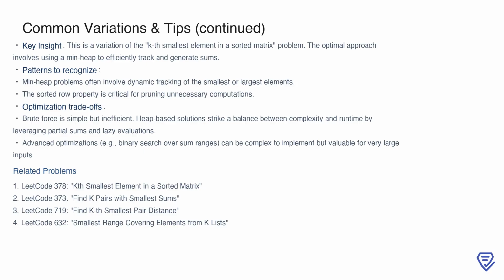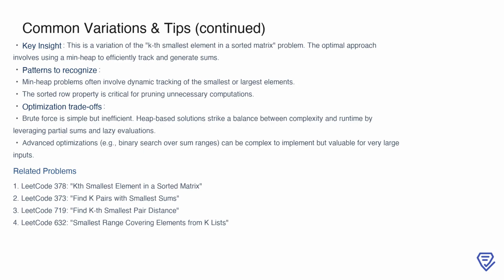When considering optimization trade-offs, brute force methods are straightforward but inefficient, especially for larger inputs. On the other hand, heap-based solutions provide a balance between runtime efficiency and implementation complexity, leveraging partial sums and lazy evaluations. For extremely large inputs, more advanced techniques like binary search over the range of possible sums can be applied.